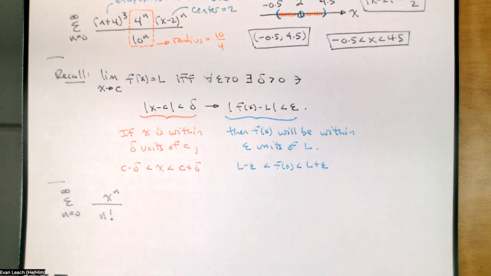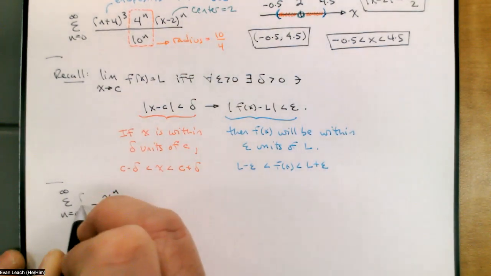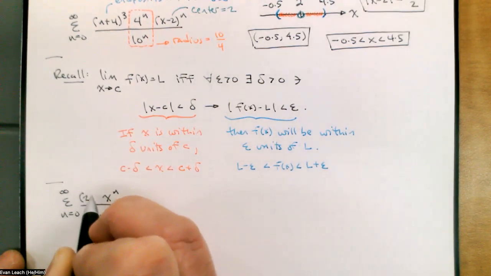So when n went to infinity, the terms went to 0 regardless of the value of x. So if I try to balance this n factorial out with some other factorial, I knew I was going to be writing something here. I didn't leave enough space, so I'll have to write it small.